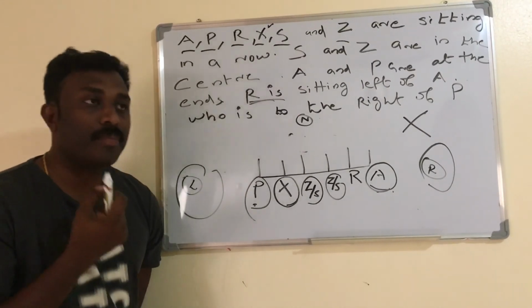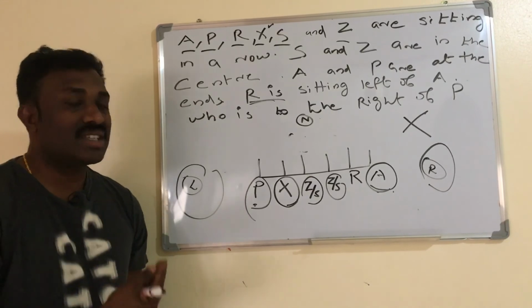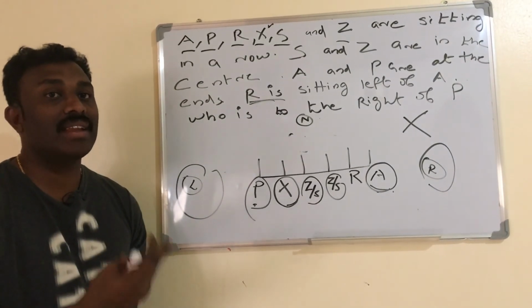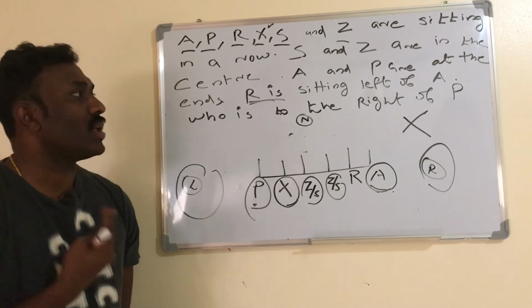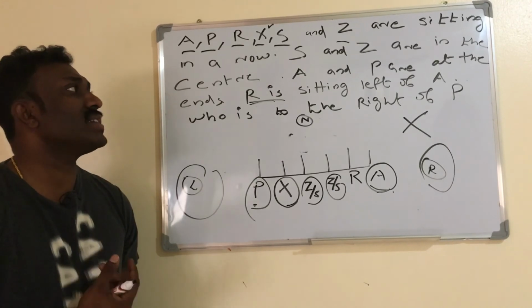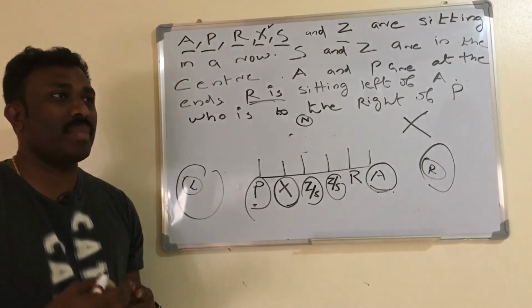It's a simple, basic question. Understand the basic concept and do more and more complex linear arrangement questions from this. Easily you can answer, because for solving seating arrangement questions, as I told, there are no other methods.